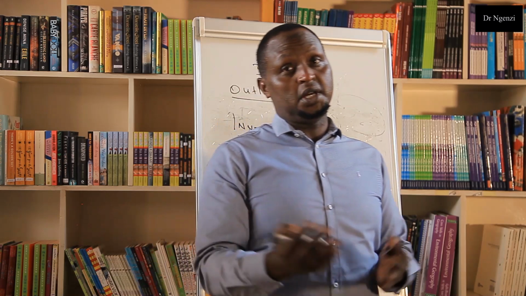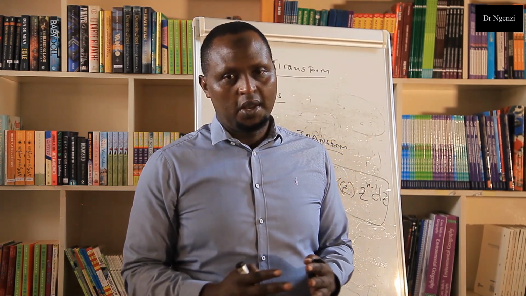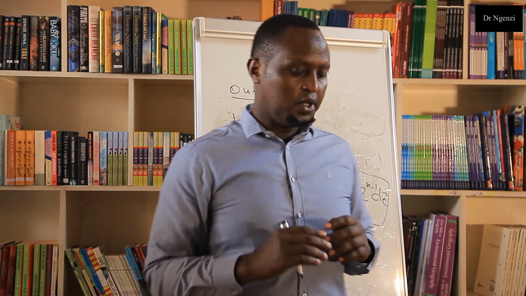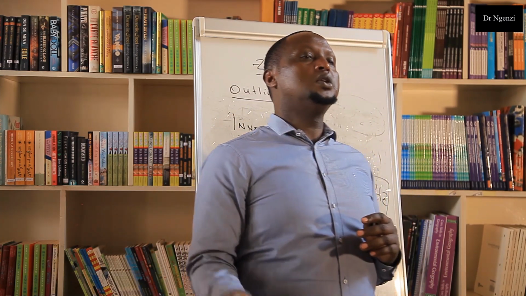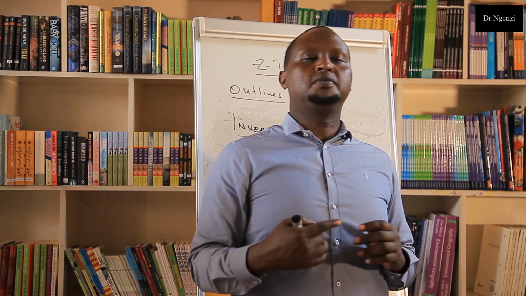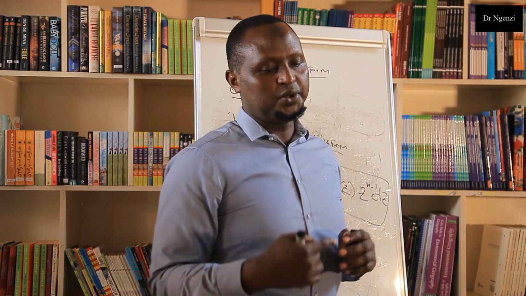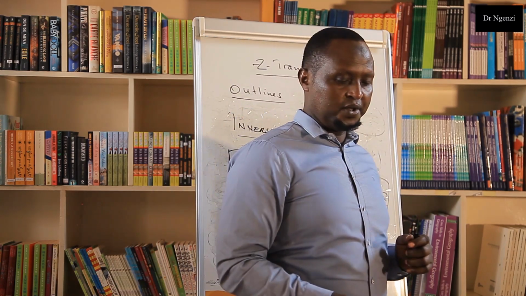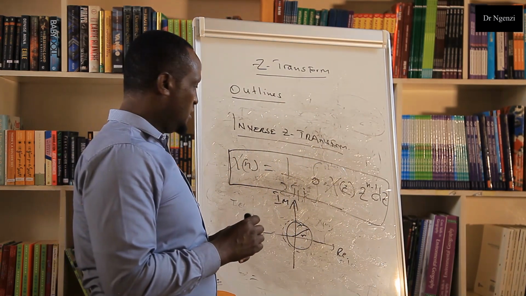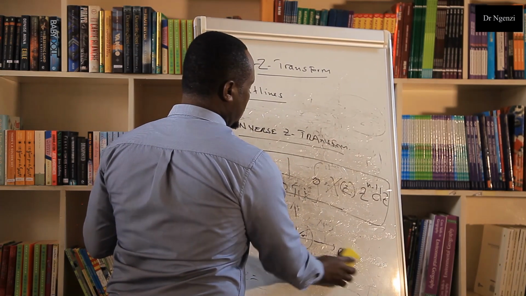As I told you, there are many ways of calculating the Z transform, but particularly for the inverse Z transform, where we want to go back and get the values of the discrete time signals, we have three ways of resolving it. Maybe I can write them there so that you can see them.